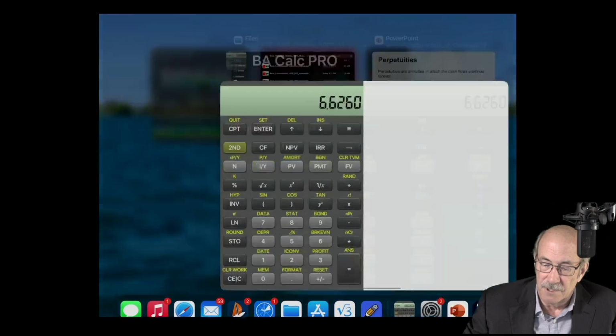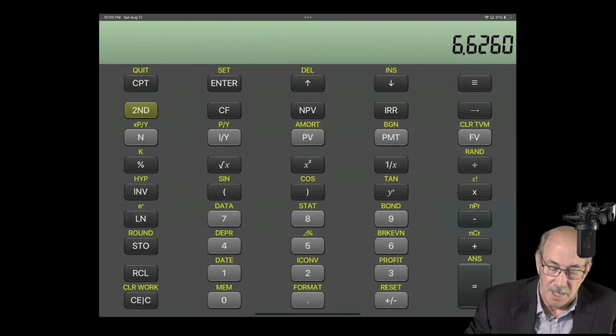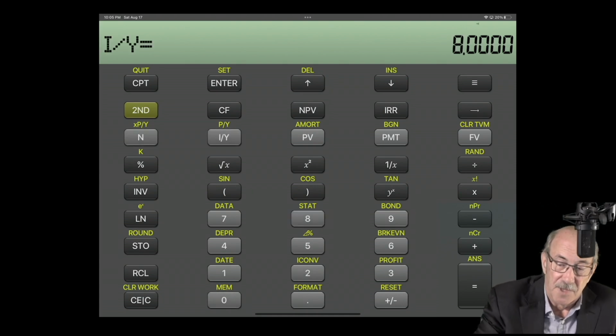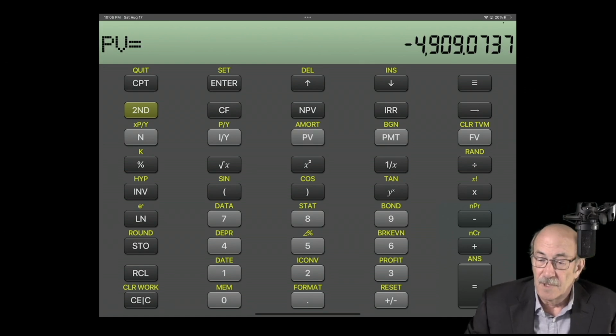Now I'm going to go over to the calculator here, and I'm going to do 500 as our payment. I am going to zero out the future value, and I'm going to put in 20 years, and I'm putting in 8%, right? And so starting here, okay, 4,900. So that's considerably less than 6,250.